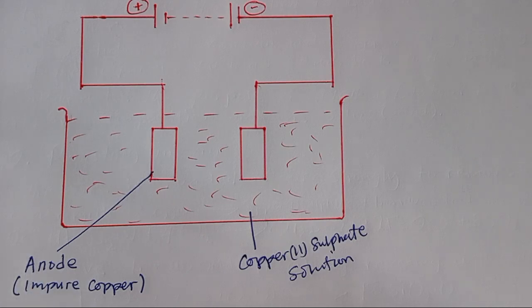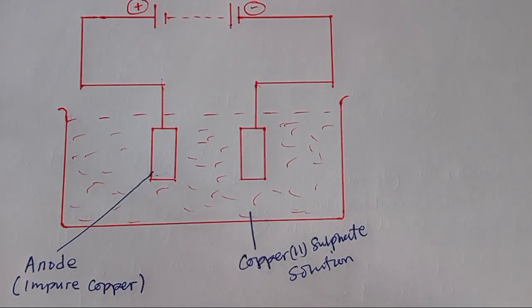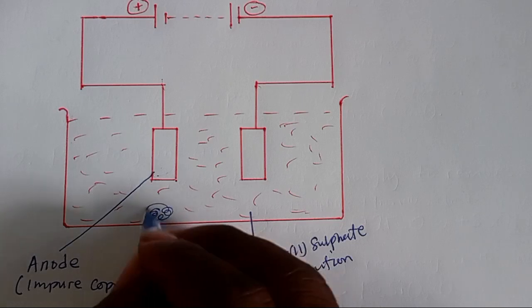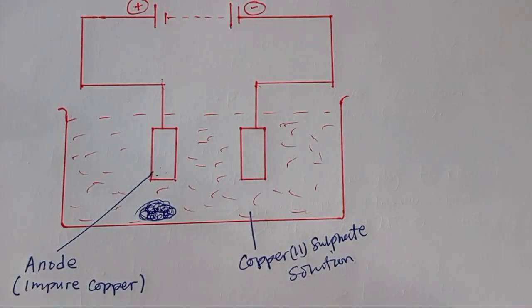this anode, which contains the impure copper, will begin to dissolve, forming the copper ions. Then as it is dissolving, forming copper ions, the impurities will fall to the bottom. These are impurities, and that impurity is what we call the sludge.